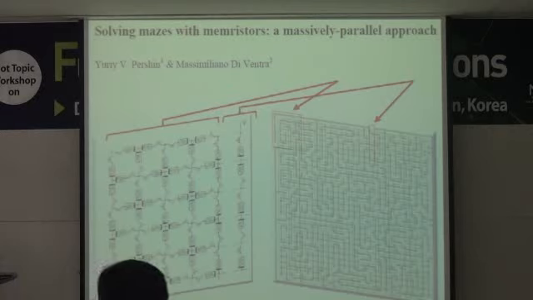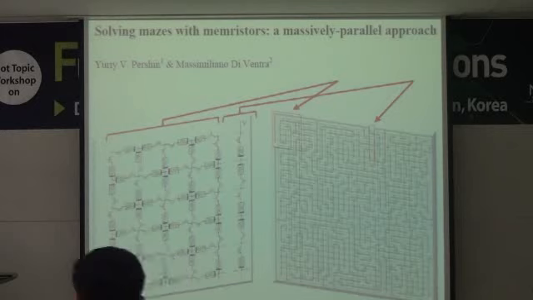And because all memristors are working in parallel, there is no problem to solve a larger maze. This is what we are looking for: how to use this idea of massively parallel computing.